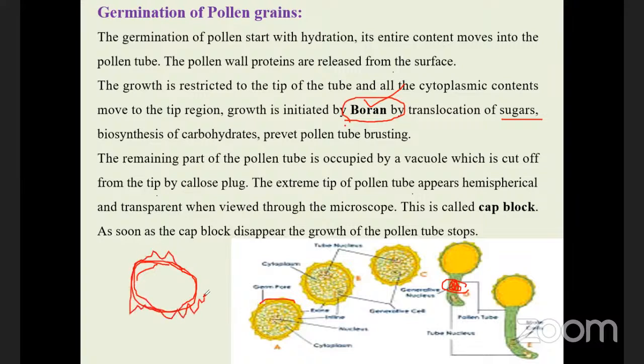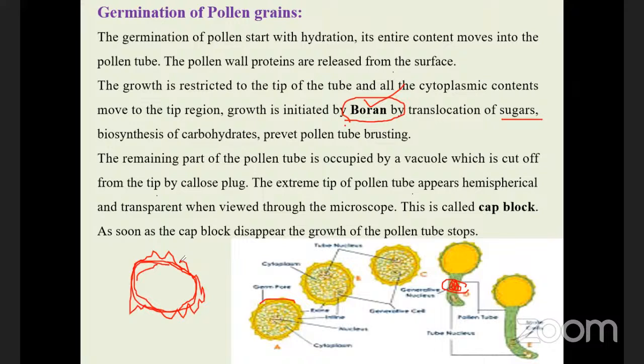Sporopollenin is a very hard, tough cell wall upon the pollen. That's why pollen can survive a long time without destruction, even in rain, in water, in dryness, and in high light, because that hard-coated sporopollenin is present on the pollen.